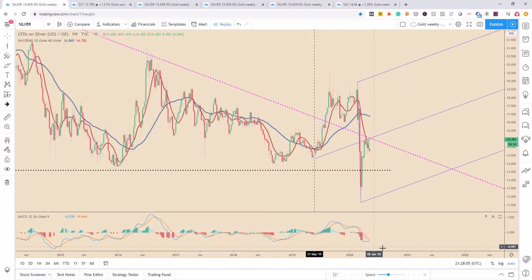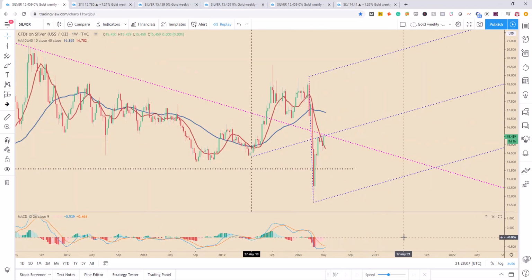So with MACD, both the signal and the indicator are down here below our zero level. And so from a bullish bearish indication, MACD is in bear mode with both the signal and the moving average down below zero.